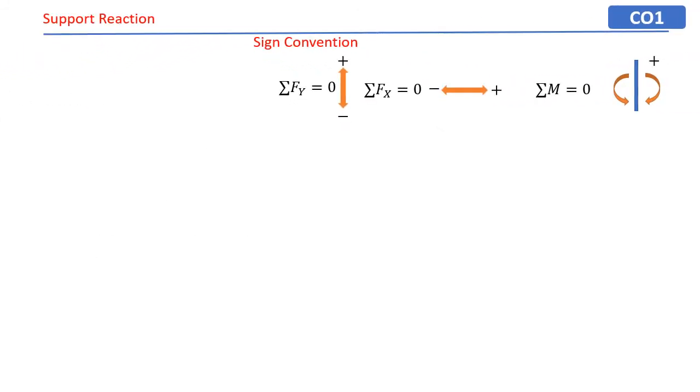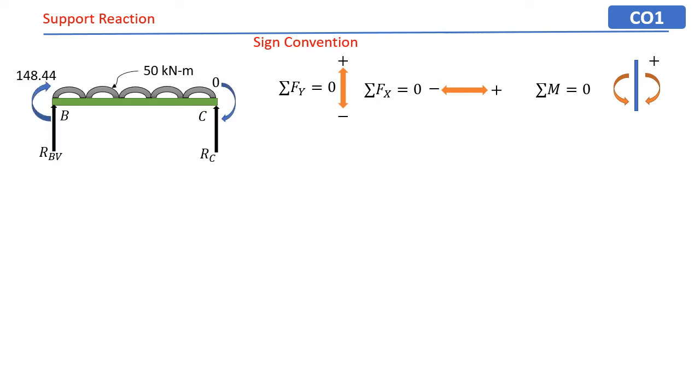Then after getting these moments, our aim is to find out the support reaction. So we consider first span B to C, and their FBD is like this. B to C has a span of 5 meter, carries a load of 50 kilonewton per meter. At C, moment is equal to 0. At B, the moment will be 148.44 acting in a clockwise sense, and this will be the sign convention.